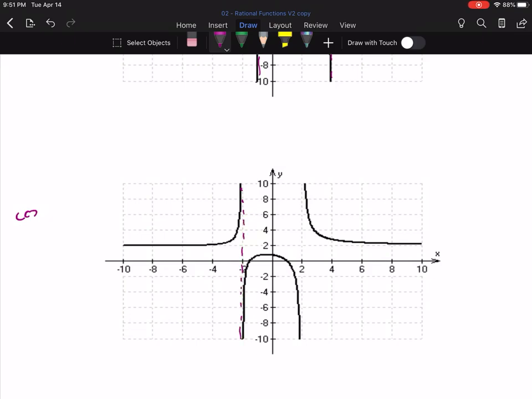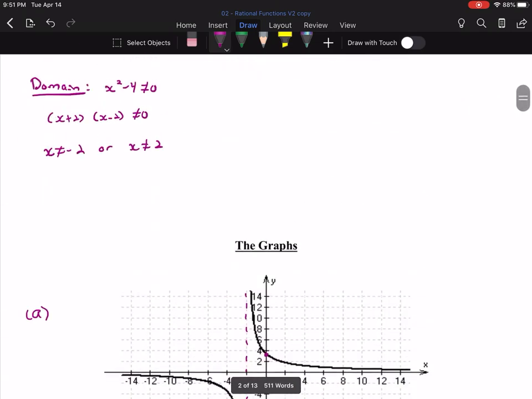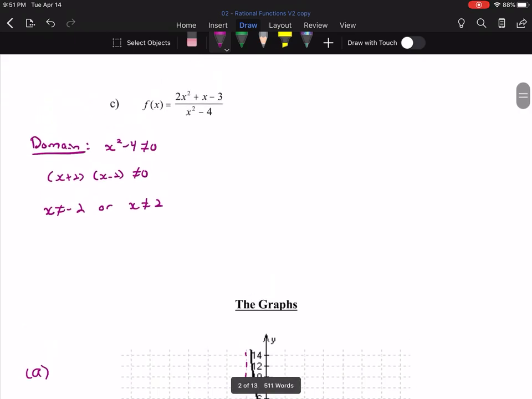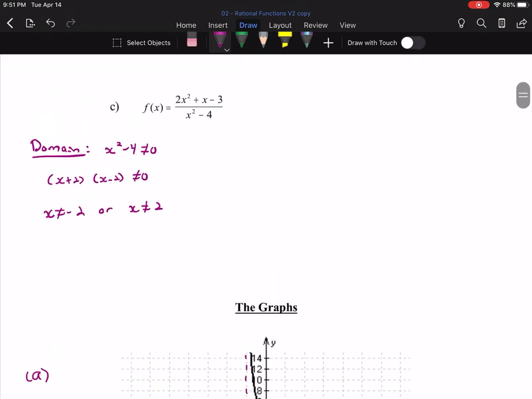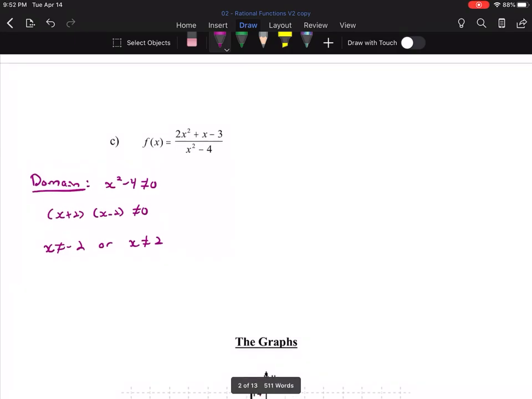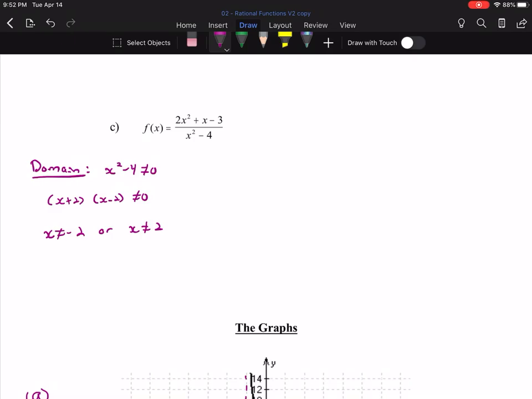Very easy to jump to the conclusion that any domain issues are vertical asymptotes, and that's not true. It really seems true because that's the only thing you've seen so far. But I want to keep your mind open at this point, is that when we have domain issues like this, they're very likely vertical asymptotes. And I'll show other examples before this lesson is out of how they would not be vertical asymptotes. So we'll get to that. But for now, we'll go, okay, domain issues seem like they're going to be vertical asymptotes because they often are. Next, x-intercept.